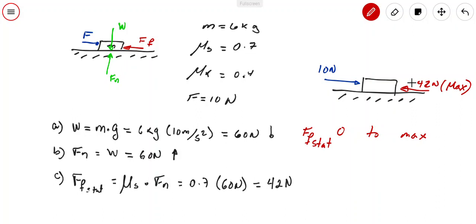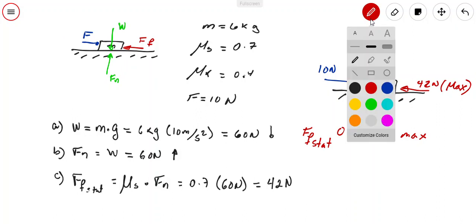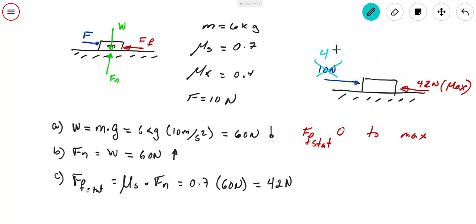But now when you apply 45 newtons, these 45 newtons are greater than the 42 newtons, that is the maximum value of the force of static friction. So the force of static friction can go up until 42 newtons.